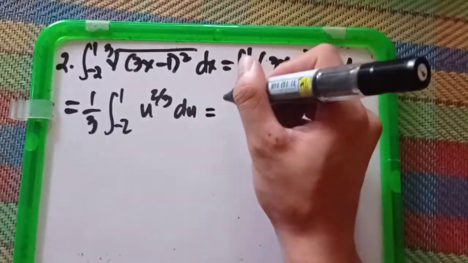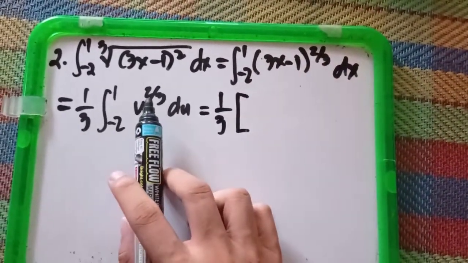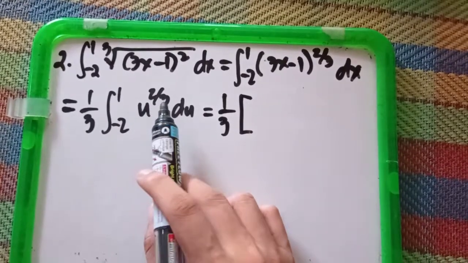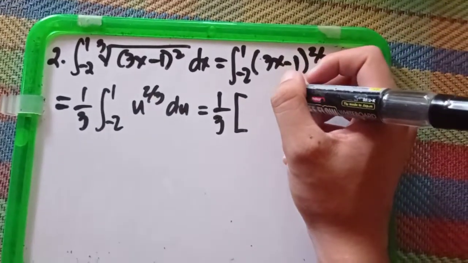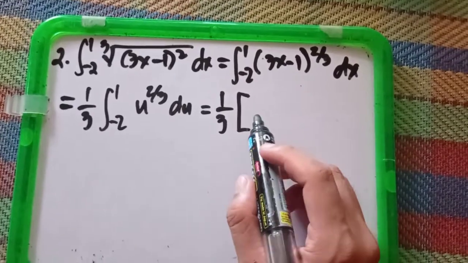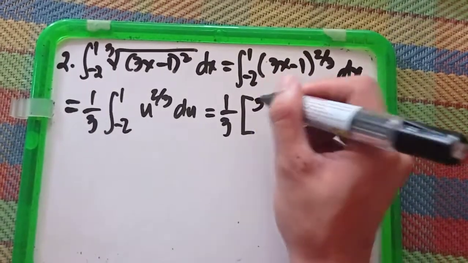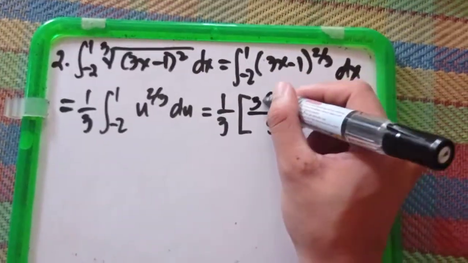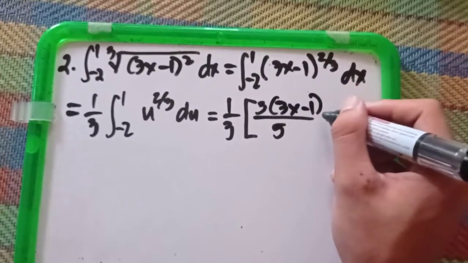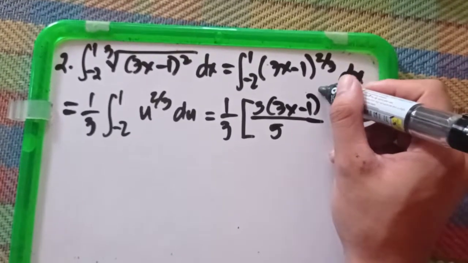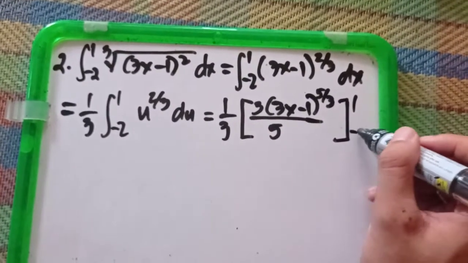This will be 1/3. Ito pag i-add natin ng 1 is making plus 3 over 3 is equal to 5/3. So kung reciprocal niya, ilagay natin sa denominator, making 3 over 5, and u lagay na lang natin para diretso mamaya over 3, tapos yung upper and lower boundaries.